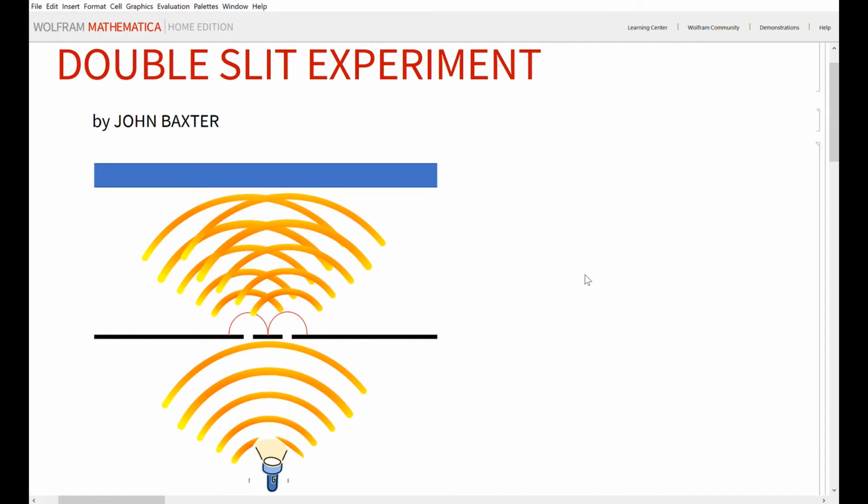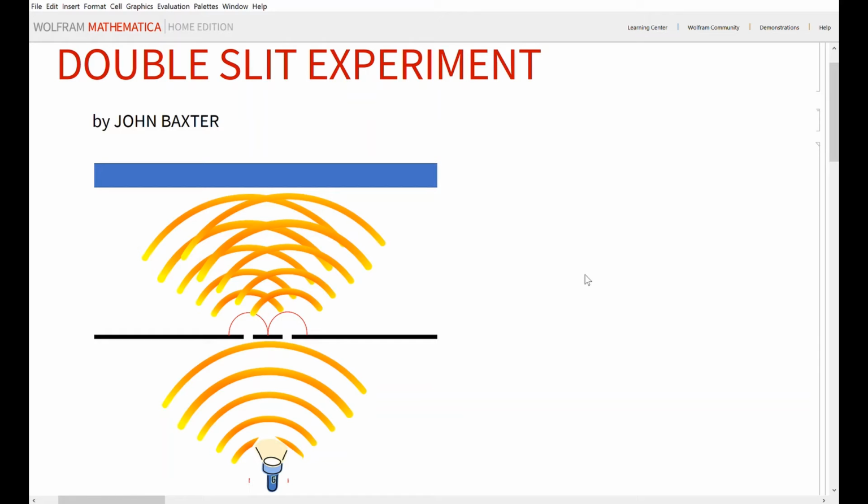If you were to run the experiment with a single photon, and let's say you fired one every 10 seconds for however many hours or even days, after you finish the experiment you would still end up with the same interference pattern as if you turned on your flashlight or your laser.